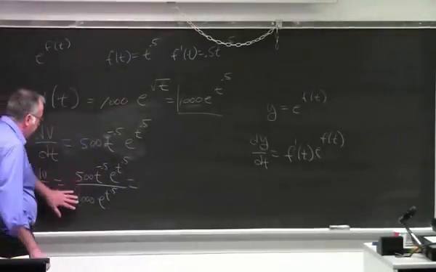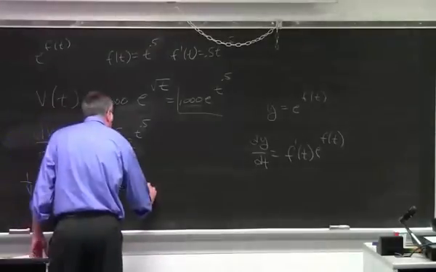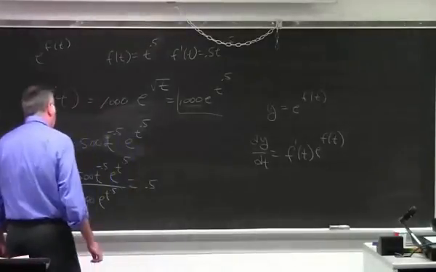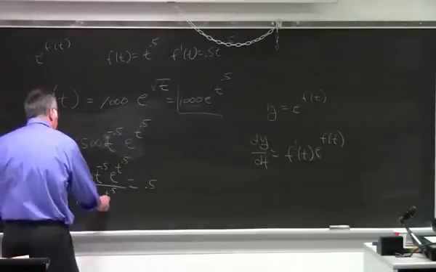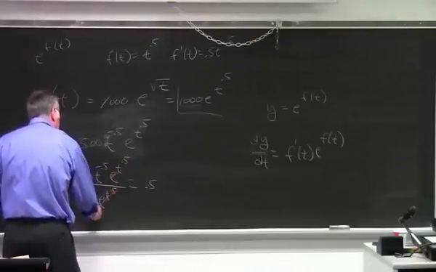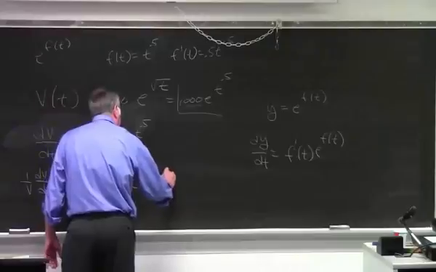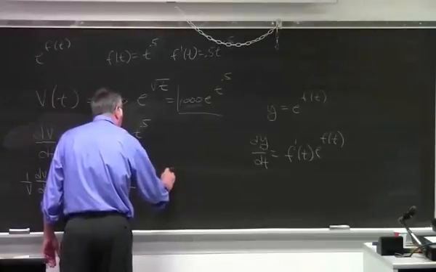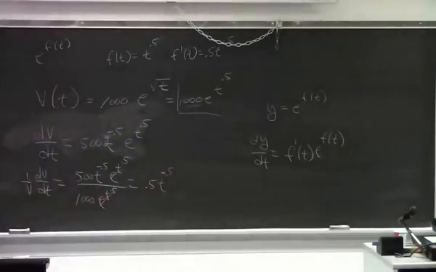So it's 500 over 1,000, or 0.5, times, notice this cancels out, t to the minus 0.5. So this expression right here is the growth rate in the value of the trees. Okay. The growth rate in the value of the trees at any point in time.